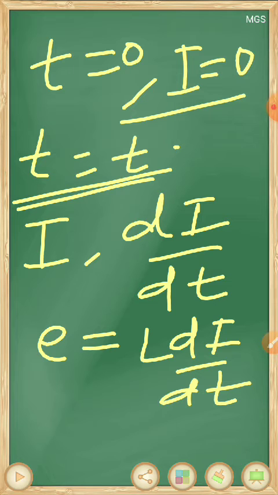Now work done by the source of EMF in order to send the current I for a very small interval of time dt: work done is equal to charge into potential difference.